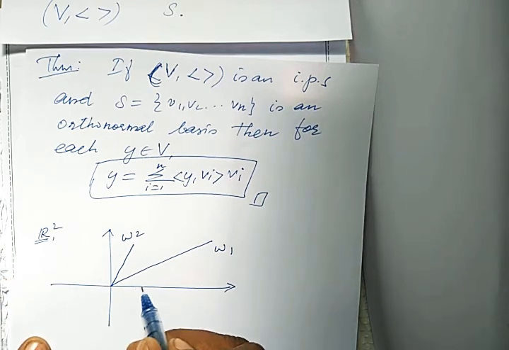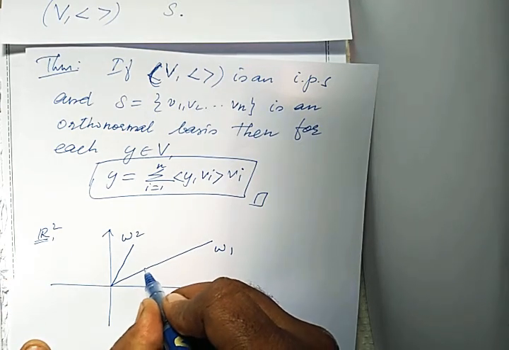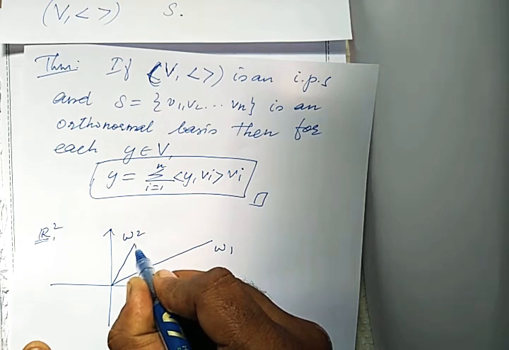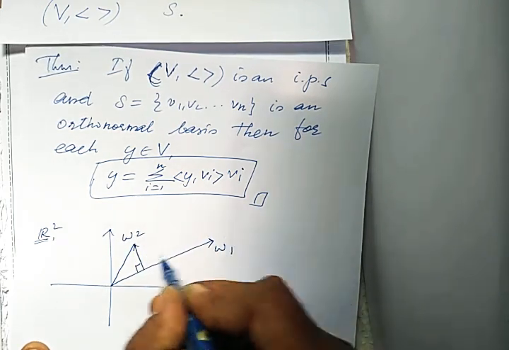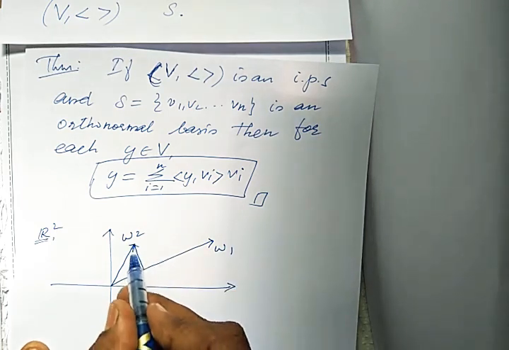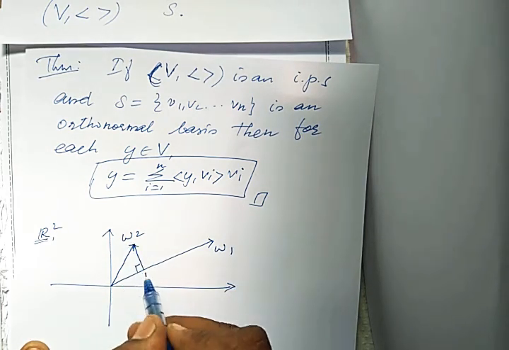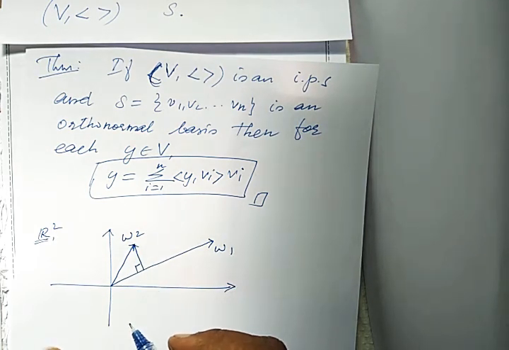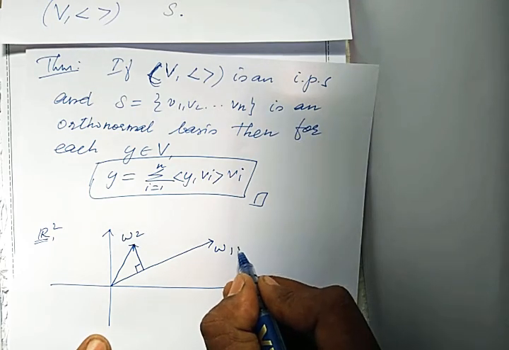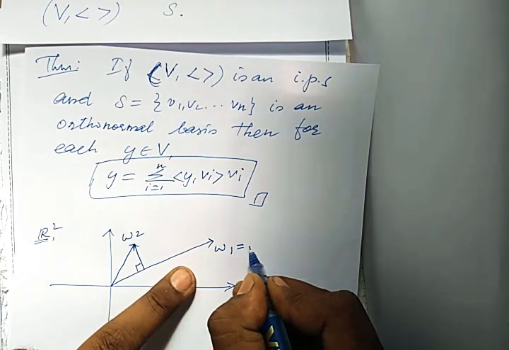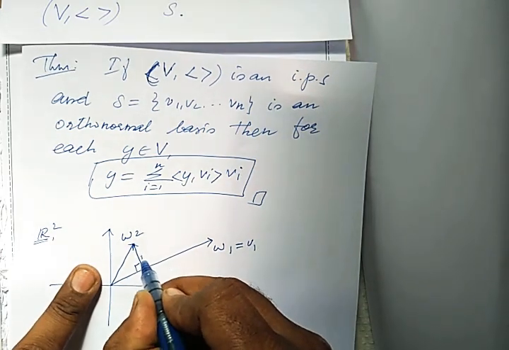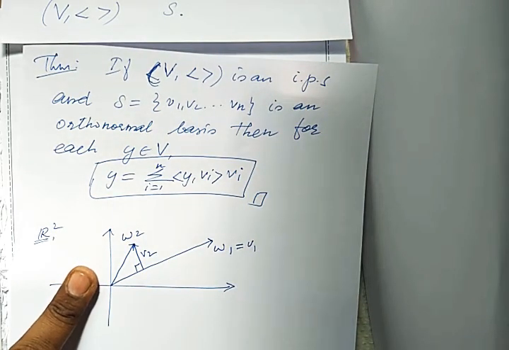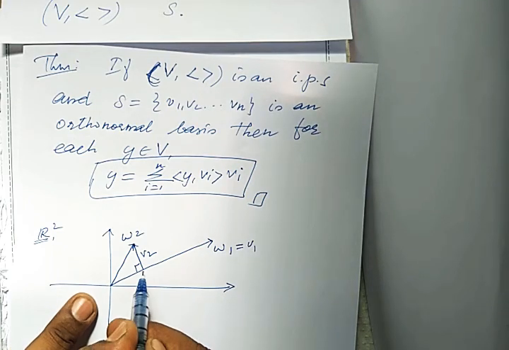Now consider this vector. Now, this is perpendicular, right? This is V1, it is W1, it is W2. Now consider this one. It is perpendicular. Now let me give new names. Let me give W1 equal to V1. And let me take this new vector as V2. What is the foot of this point?